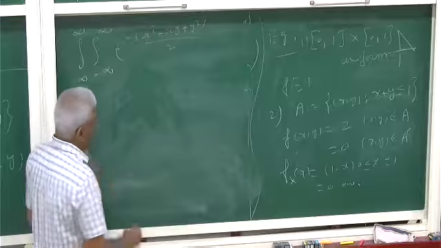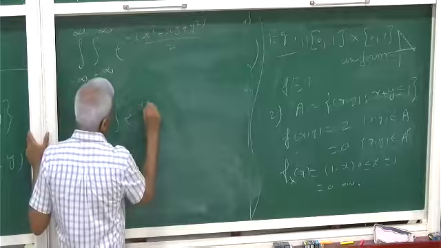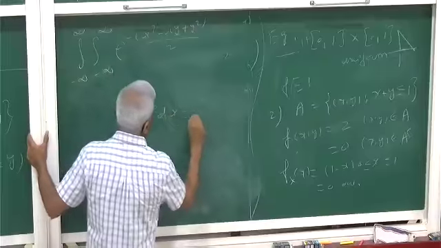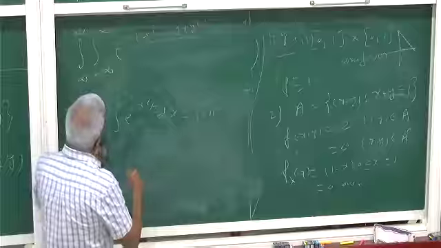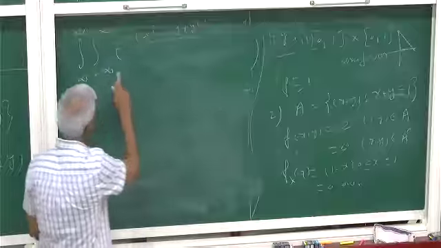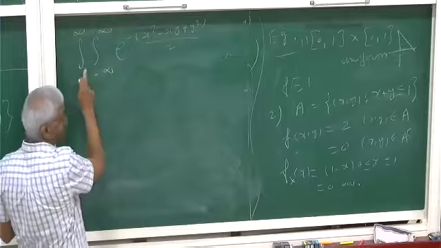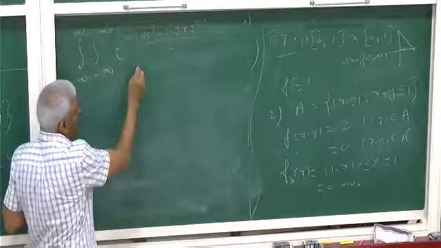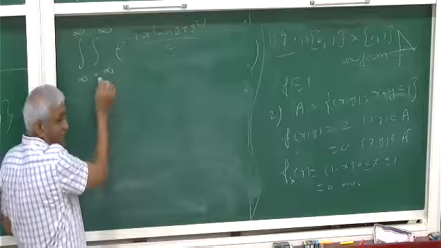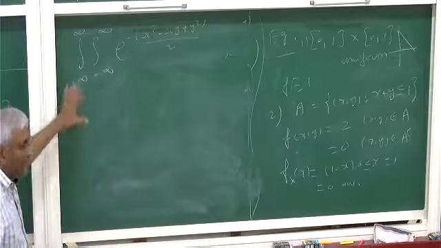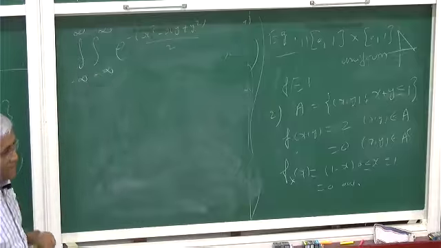You can use the fact that the integral of e power minus x square by 2 dx equals square root of 2 pi. First you integrate to get a function of x or y, then integrate with respect to that, and you get a constant finally. 1 by that is what we want.